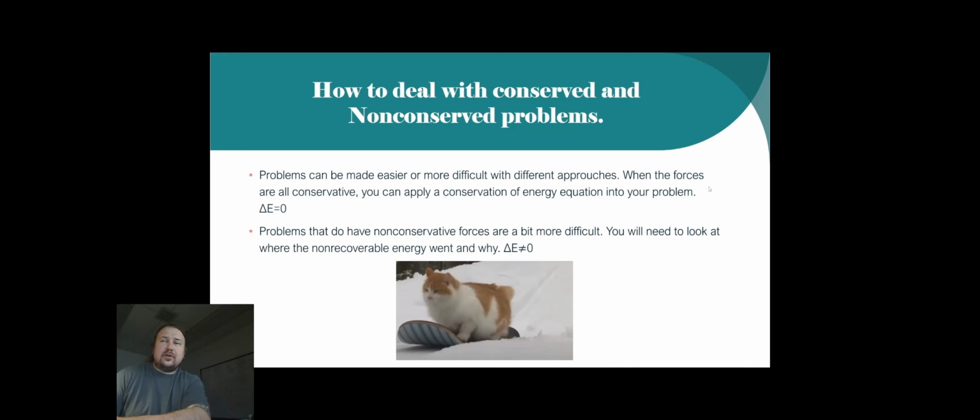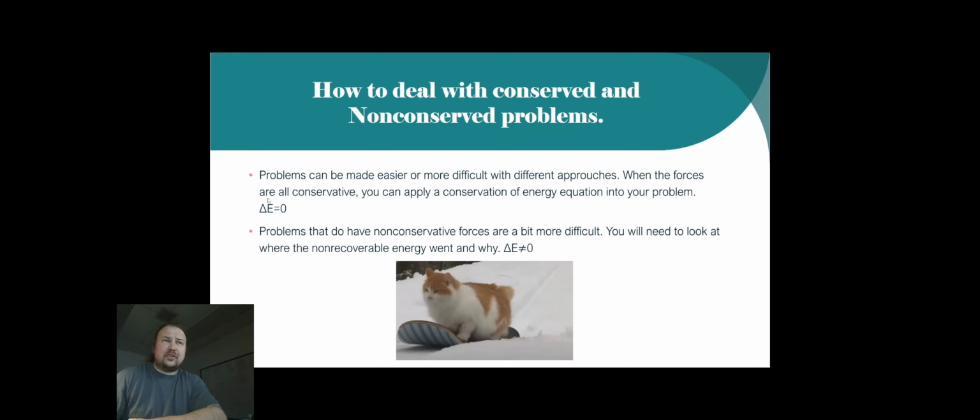There are some tricks that you can use when the forces are all conservative. If you have something that doesn't depend on friction or any type of resistive forces, then everything must be conservative, and you can apply a conservation of energy equation to the problem, which means it's kind of like an equilibrium.